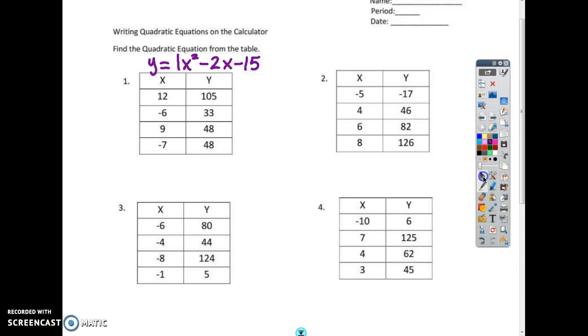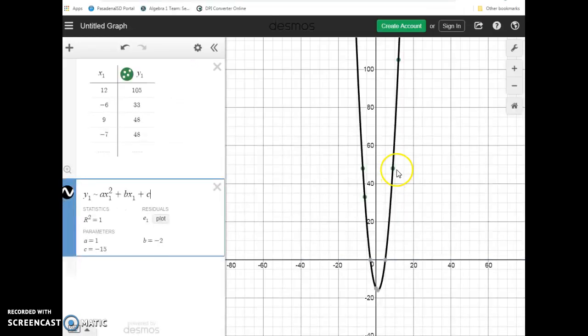That's your equation. Okay, and if we go back to Desmos, you'll notice that once you typed this up and it gave you the A, B, and the C, it goes through those points that you plotted. My green dots, it went through all of them. If it doesn't go through them, we did something wrong.